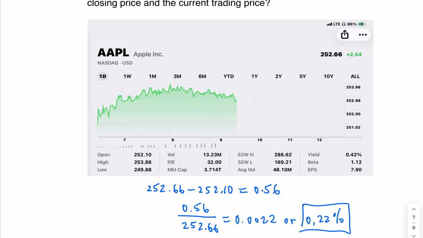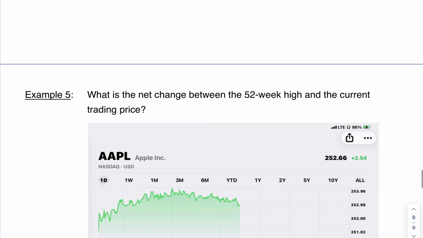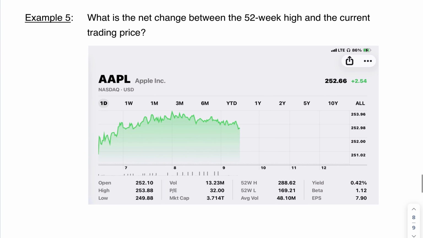And then the last example here, what is the net change between the 52-week high and the current trading price? Well, the 52-week high is represented right here. So over the last year, the highest share price was 288.62, and the current trading price is 252.66.